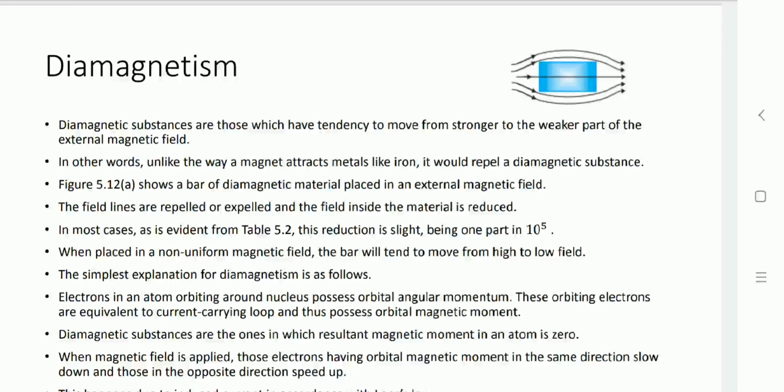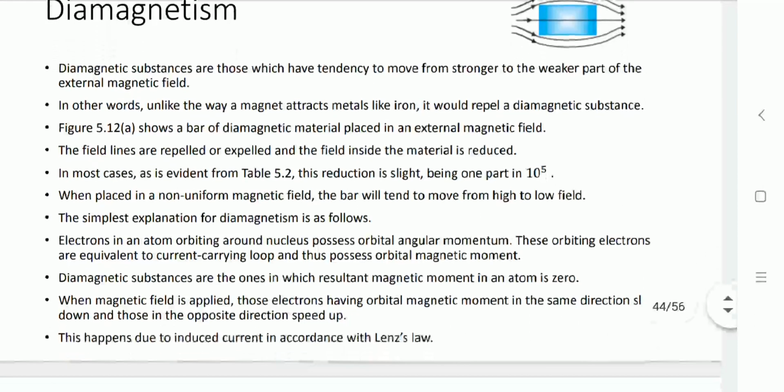So we can say that in this particular substance, the magnetic field is reduced, by about 1 part in 10 raised to 5. And if we place this substance in a non-uniform magnetic field, then the bar moves from high to low field. So this is for the diamagnetic.